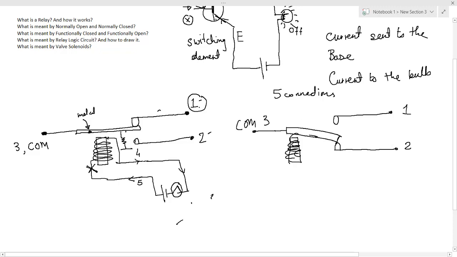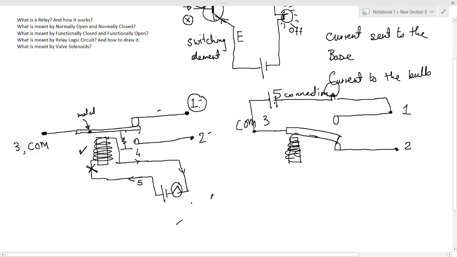Initially I had shown there was a battery and a bulb over here. This bulb will now turn off. But if this same bulb is connected over here, that bulb will be on. So basically, what is this relay doing? This relay is changing the switching positions.